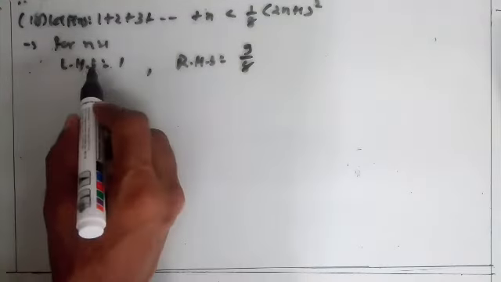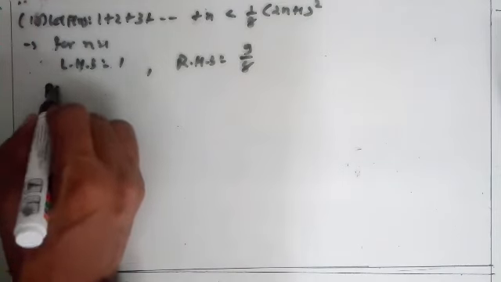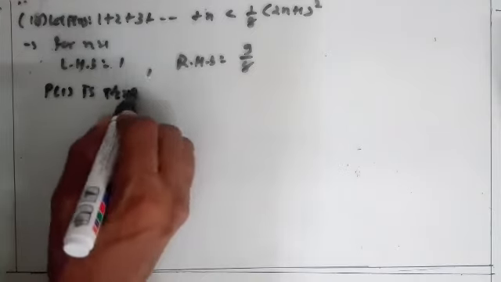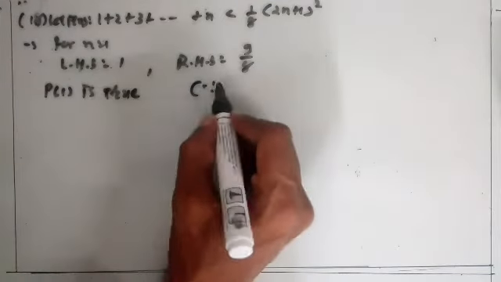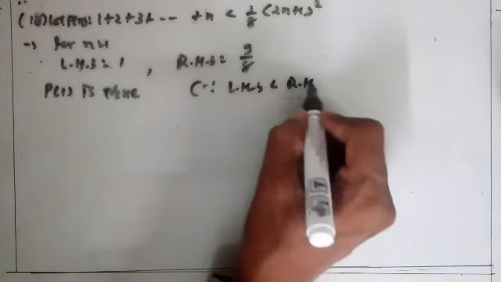And RHS is greater than LHS. That is, P1 is true. Clear? Because LHS is less than RHS. Clear this?